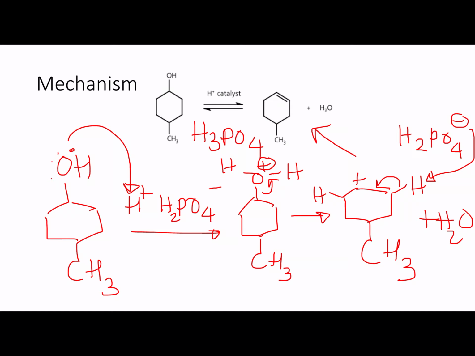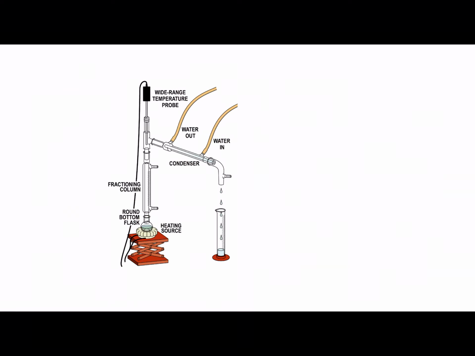Okay. Also, we can control the temperature of the distillation just to make sure that our alcohol will not be distilled along with the product. So this is how the experiment is going to be done.